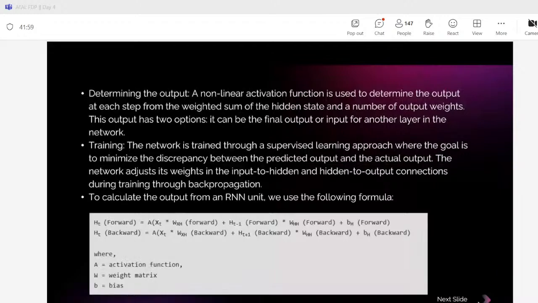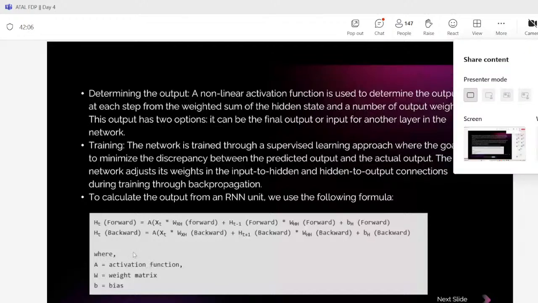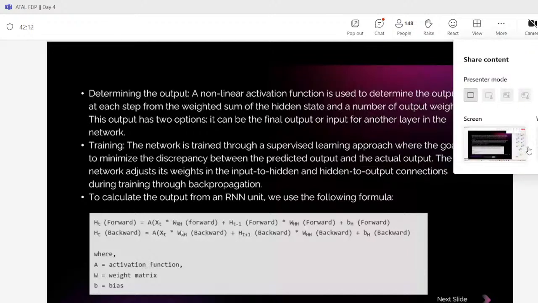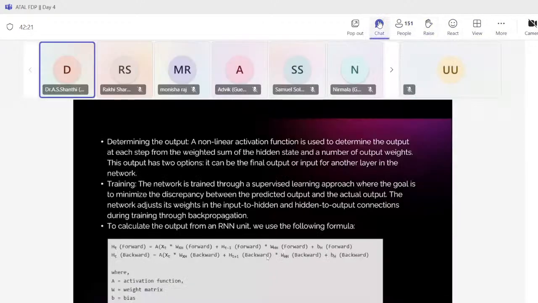And this is the formula for calculating the output from the RNN unit. ht forward is equal to the activation function of xt, the current input, times Wxh forward, the weight matrix, plus h(t-1), the previous state in the forward direction, times Whh forward, and the bias is also added in the forward direction. The same thing is followed in the backward direction also. Okay.